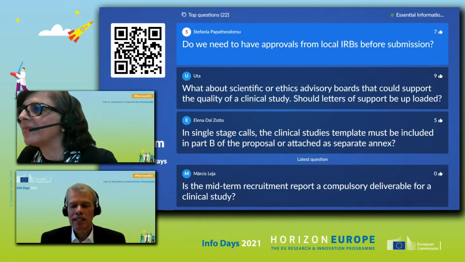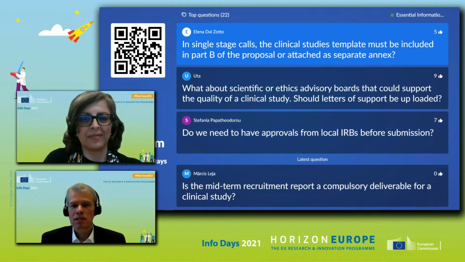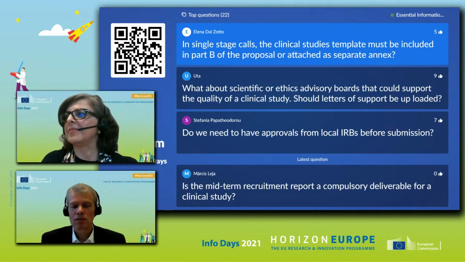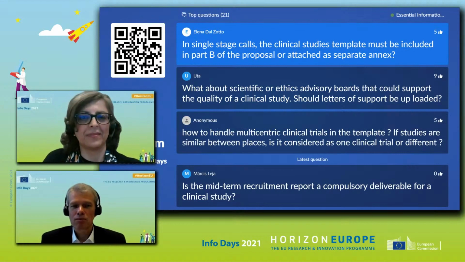But at any early stage of an idea, you can apply for funding, and then you will describe in the clinical study template what you have at hand at that time. But then you have all the opportunities to describe what you are planning to do in terms of drawing up the clinical study protocol, as well as how you are going to execute the clinical study once you are at that stage.